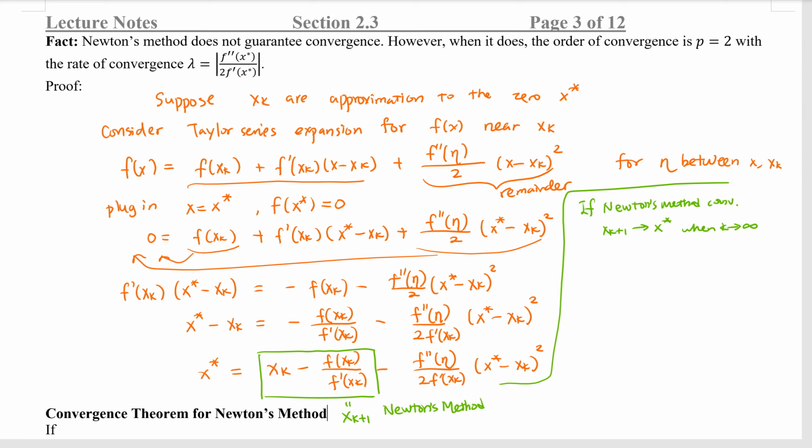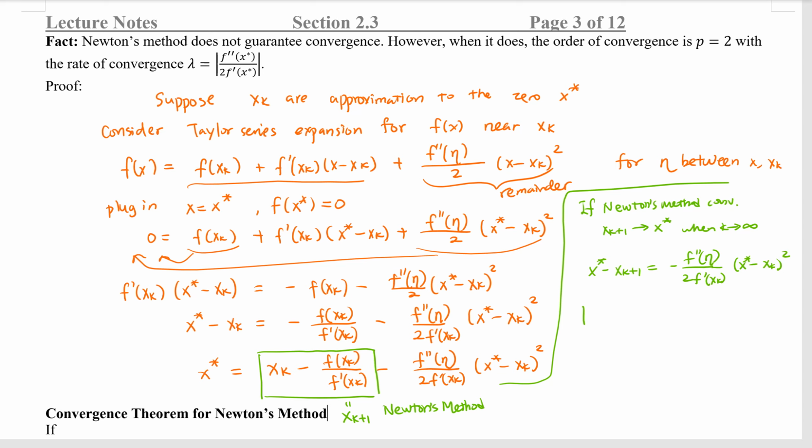So when I move this to the left hand side, we will see x asterisk minus xk plus 1 equals negative f prime prime eta over 2 f prime xk times x asterisk minus xk squared.